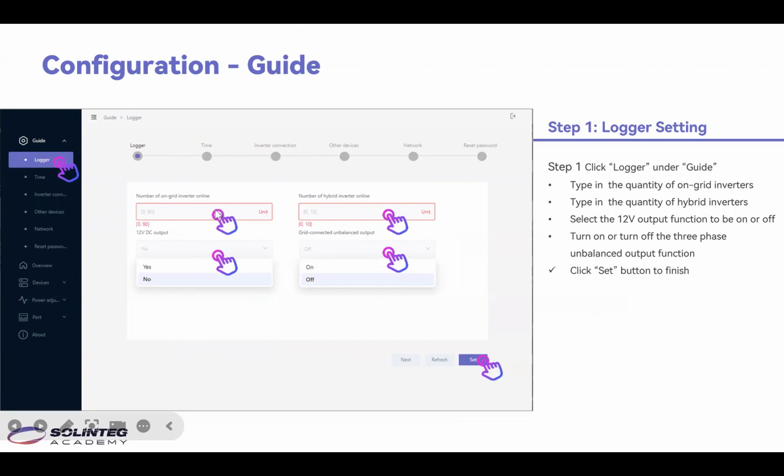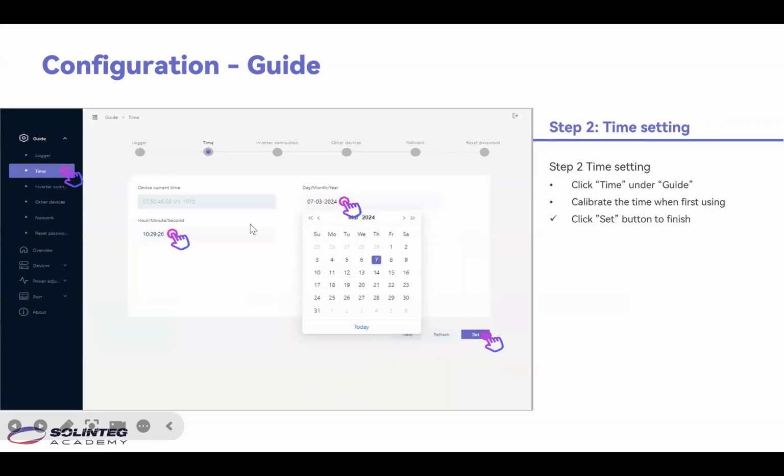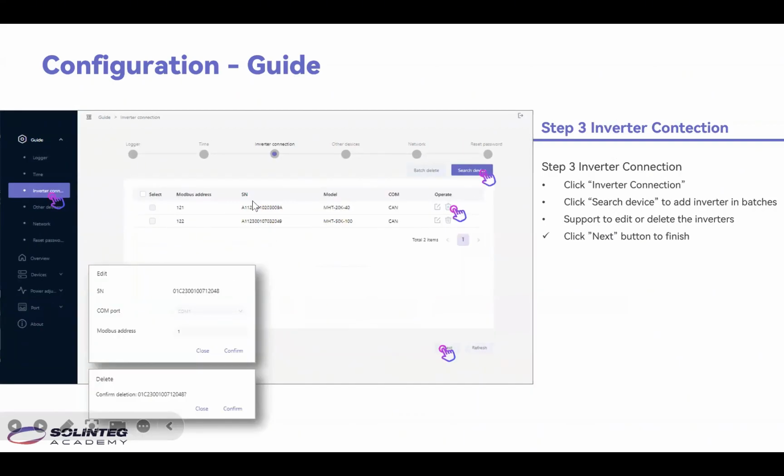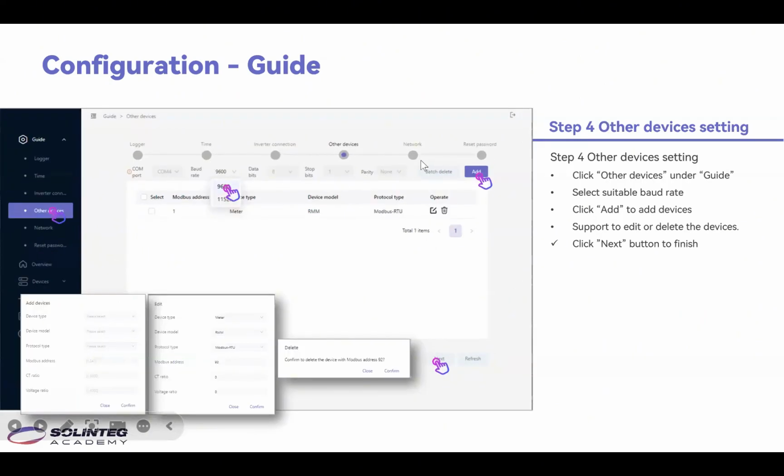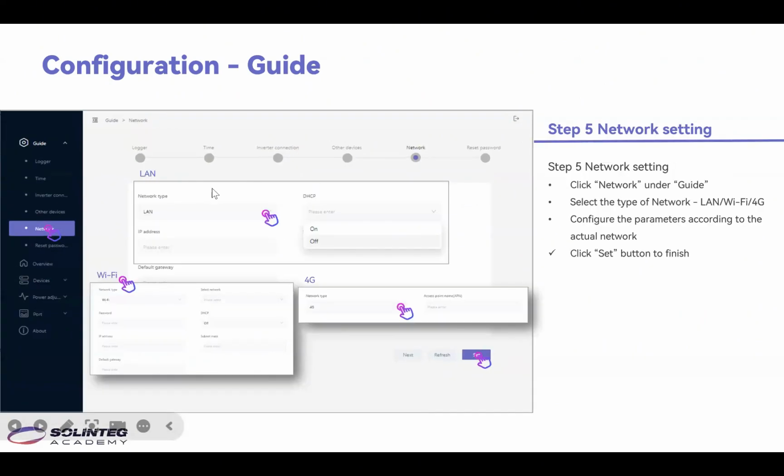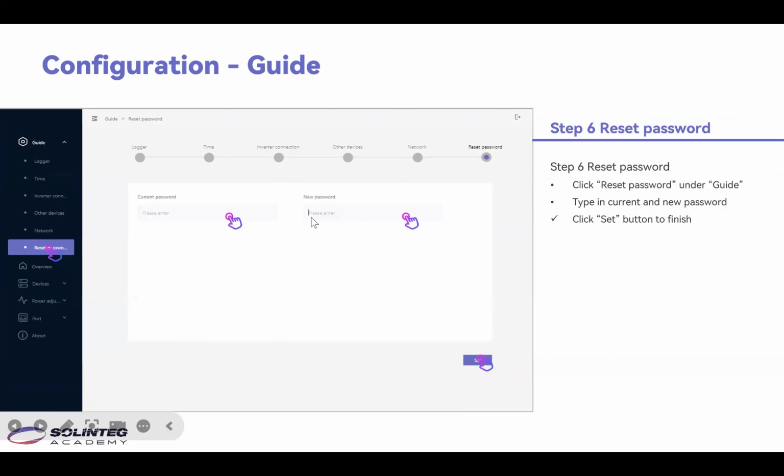You can set the number of on-grid inverters and the number of hybrid inverters, and you can set the time. You can connect the inverters and other devices, choose the communication method, LAN, Wi-Fi, or 4G, and reset the password.